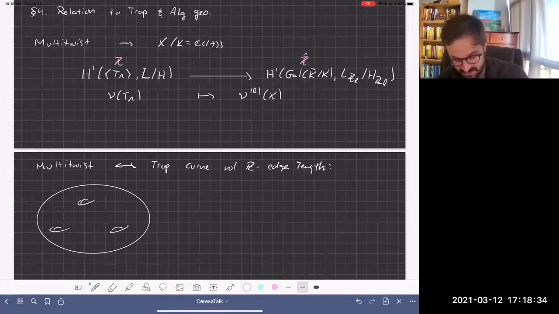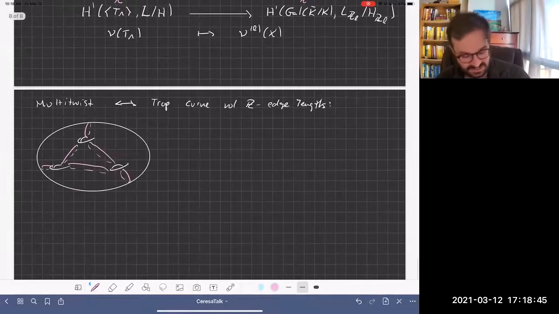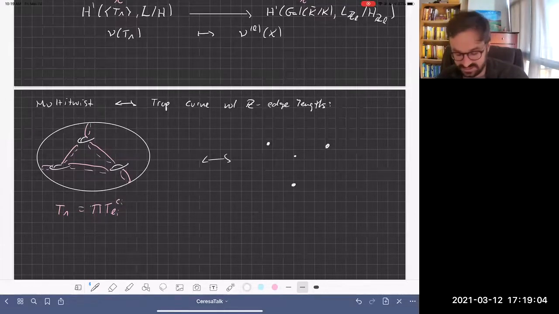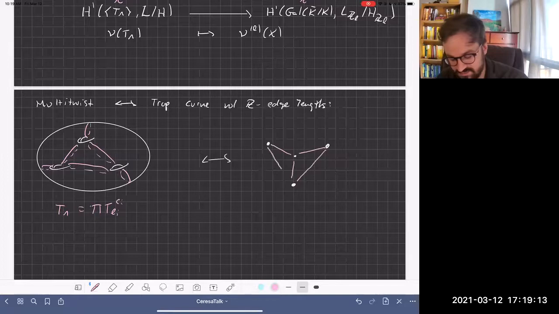If you have a surface over here with your commuting Dehn twists, so this is T gamma, the product over these T_{l_i} to the power c_i, well, this corresponds exactly to a tropical curve. The underlying graph is just going to be the dual graph to the stable fiber.